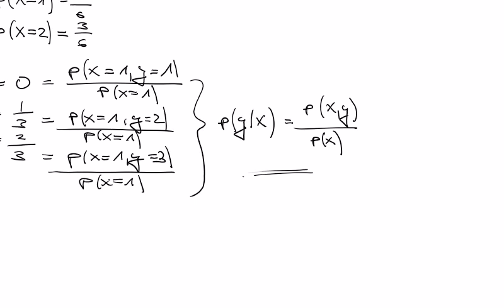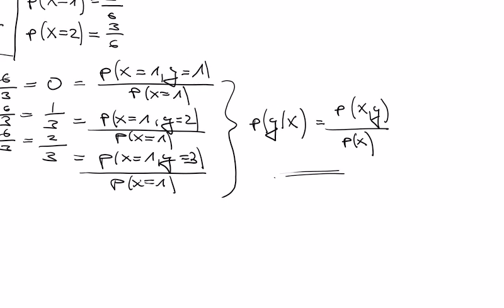You should always think in your head that x can take on a number of values, and y can take on a number of values. If you look at the marginal, x can take on the same values that it can take on in the joint distribution. And also in the conditional distribution, p of y given x, x can take on multiple values, so 1 or 2, and y can take on multiple values.